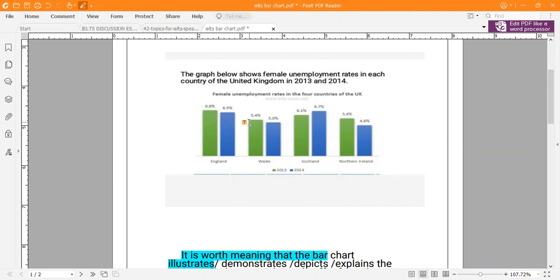So you just take them together. If you notice that there are no similarities, you just take each country or each item alone and try to make a comparison between 2013 and 2014 and so on. And then the conclusion, actually, you just restate the overview.